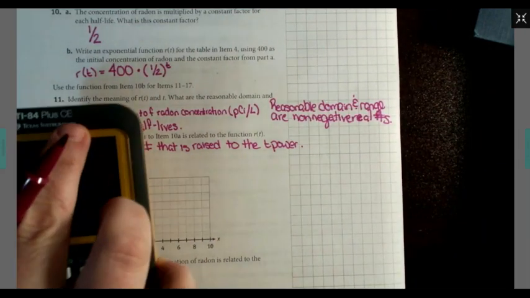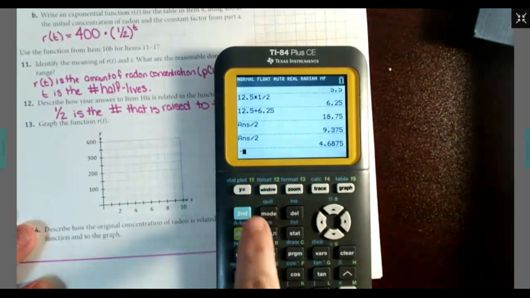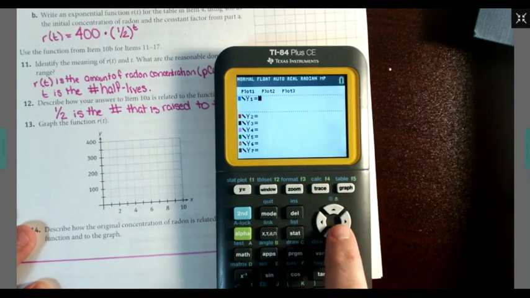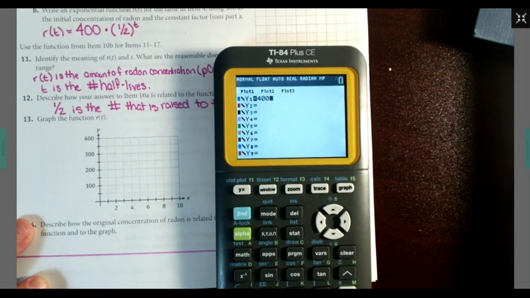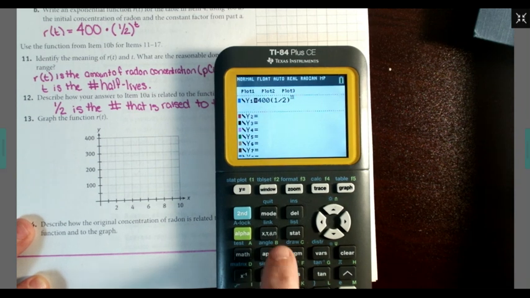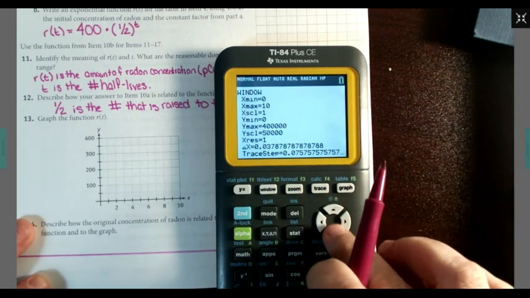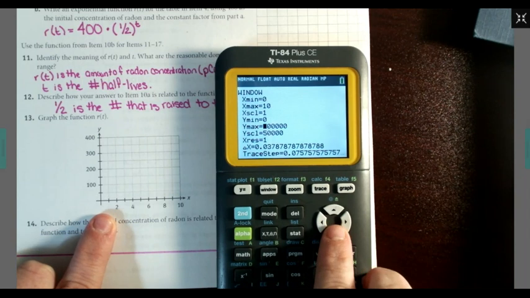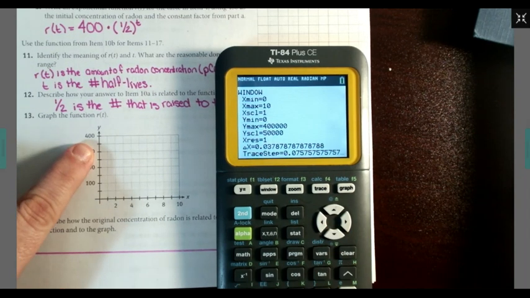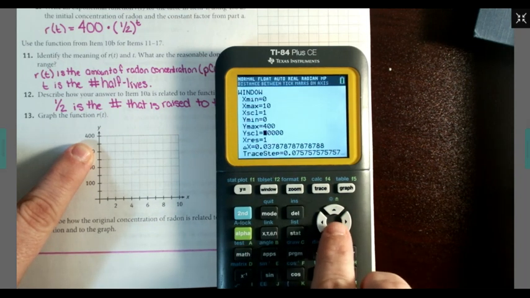Graph this function. Okay. And I'm going to change my window whenever I do this. I'm going to clear out my first function that we did earlier. We're going to do 400 times 1 over 2 to the x power, because we have to use x in the calculator. My window, I'm going to change it from 0 to 10, and y is going to be 0 to 400, with measurements of 50.